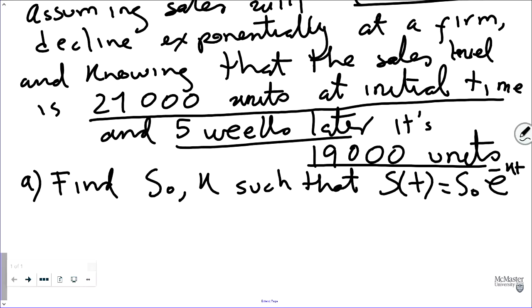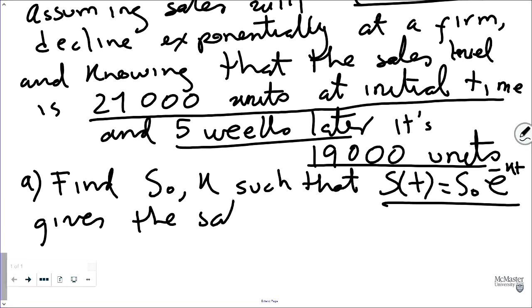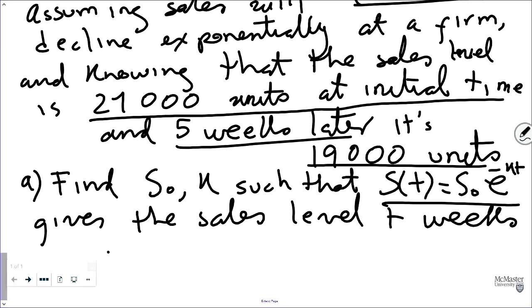So find the constants such that you have this exponential decline model, and that it gives the sales level t weeks after the initial time.